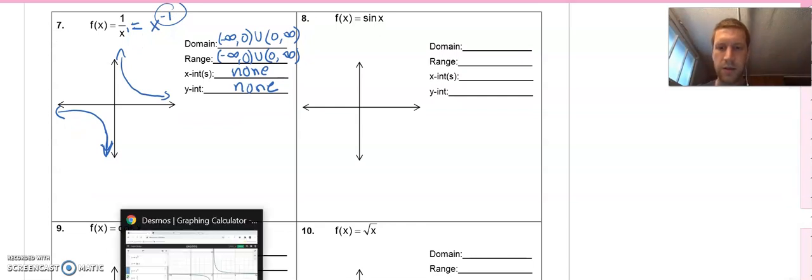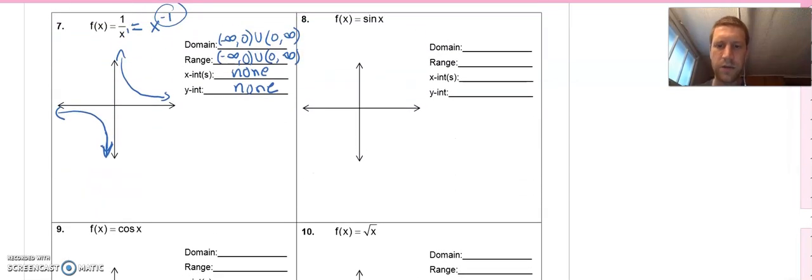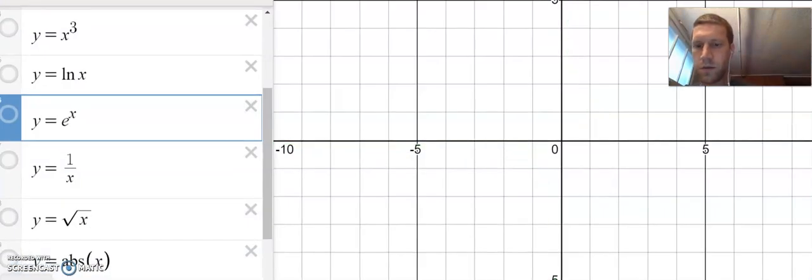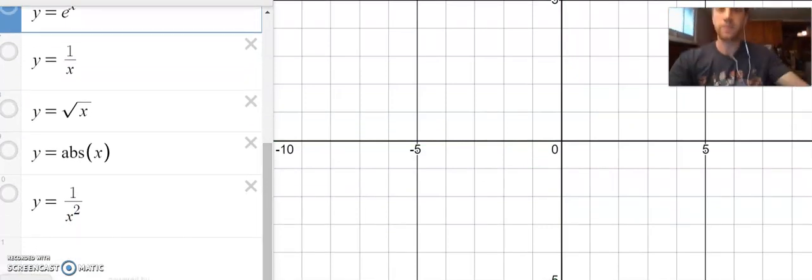Okay, let's talk about sine of x, and this may be the last one that we talk about because cosine is very similar. Oh, I didn't put sine of x in. Let's do that.